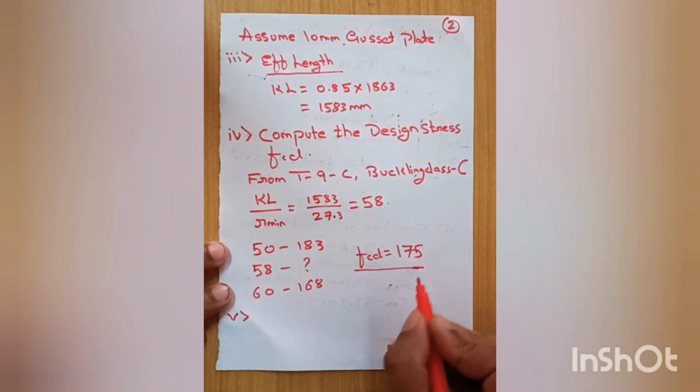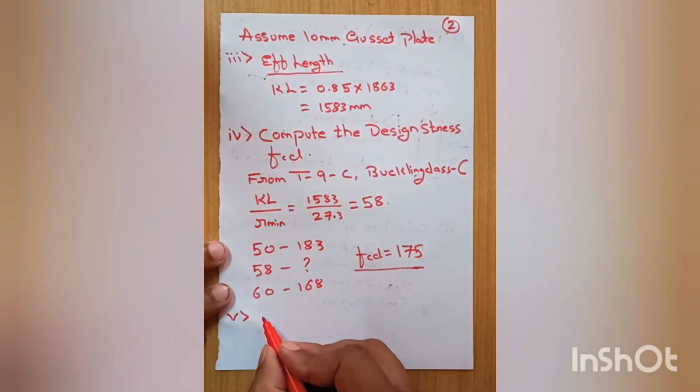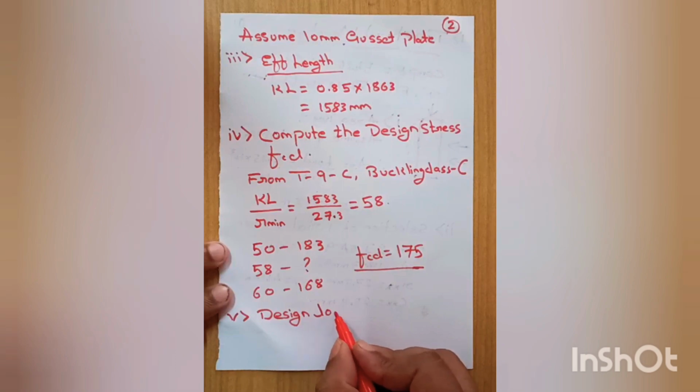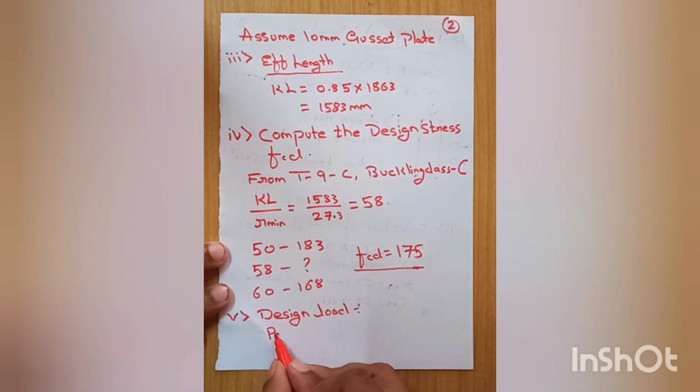for this value we need to find the design load, that is capacity of the angle which we have selected. Now since the load is very less, it is 54 kilonewton, right? So what I will do is I will use only single angle for the top chord member.